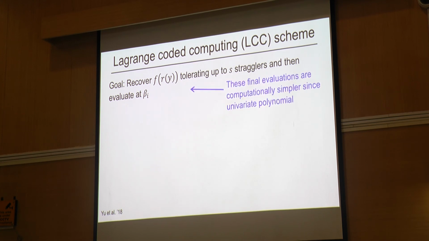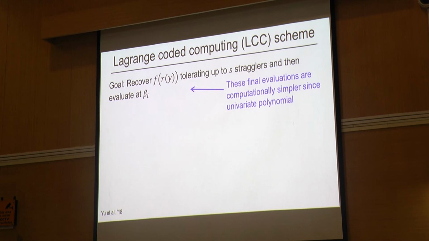Now one natural question that might come to mind is, then the master can evaluate f itself at the xi's, right? So what is different here? The difference is that f of r of y is a univariate polynomial, whereas the xi's could be in a very high dimensional space, so f of xi would be hard to compute, and that's why you send it out to the workers.